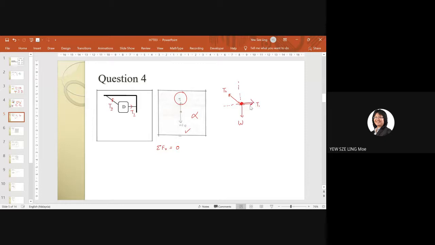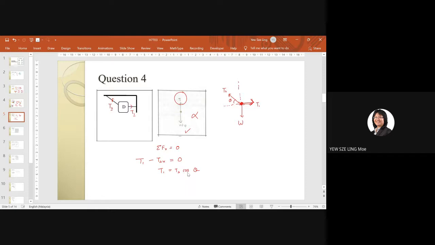I have T1, and then what else? I have T2 at an angle. Let's assume the angle is beside the x component. So T1 is going to the right, T2x is going to the left. Therefore, I have T1 minus T2x equals 0. So T1 equals T2 cos beta.